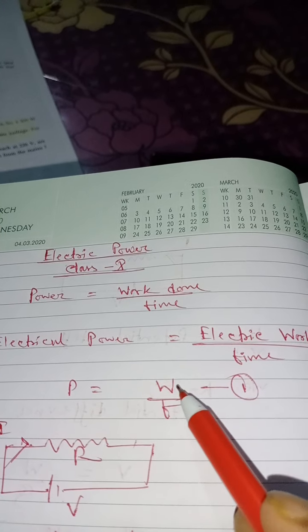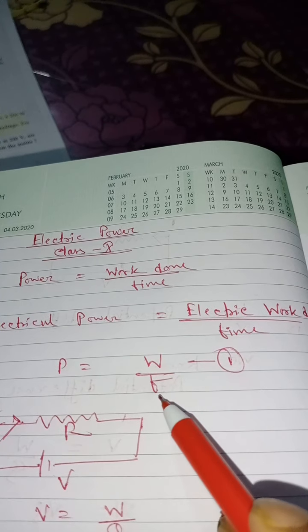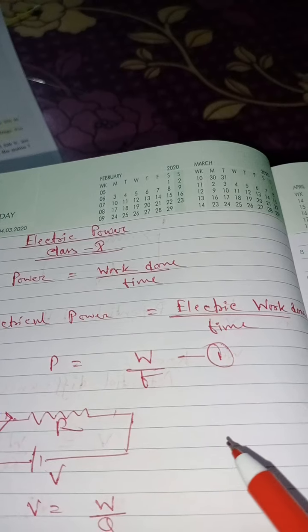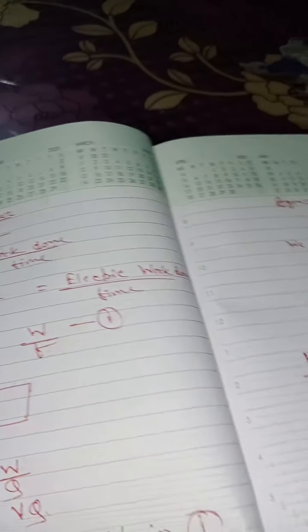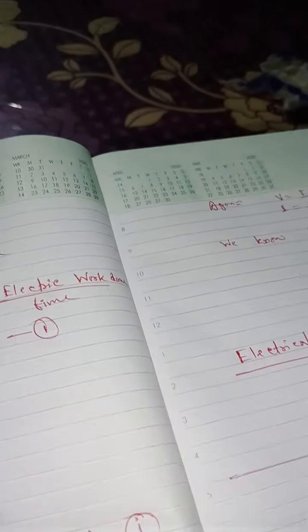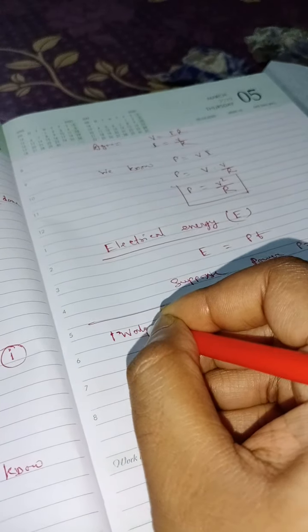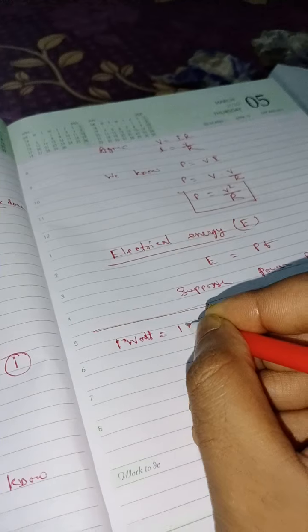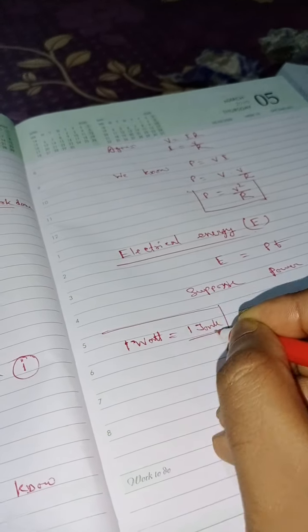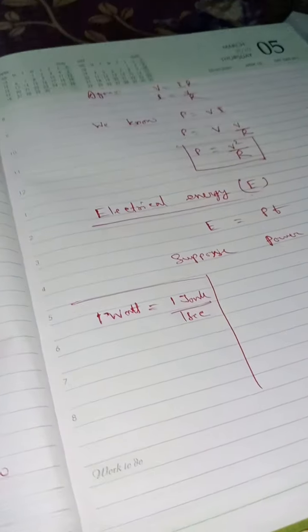If 1 joule of work is done in 1 second, then the power is known as what? 1 watt. So here in this box, I write 1 watt is equal to 1 joule by 1 second.